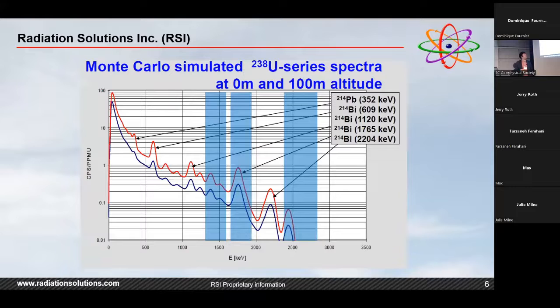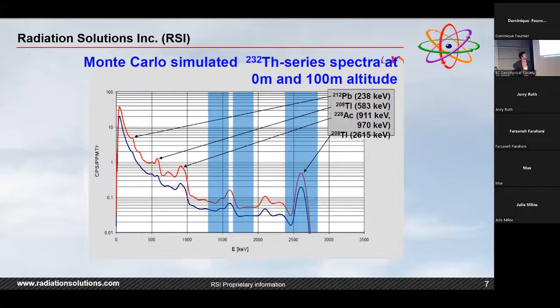And the same goes for the uranium decay chain. You just have many more peaks you could look at, but we traditionally look at this peak here around 1600 keV because it's not influenced by any other peak close by. And the same for the thorium. We are looking at its very high energy range. And the way everything works when you want to translate those counts into concentration is you have to account for the influences of one isotope or one energy band into the other isotope's energy band.